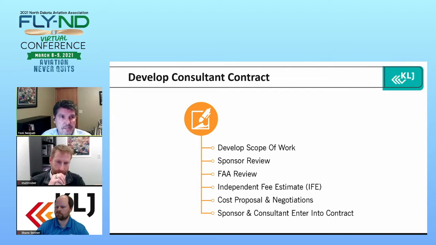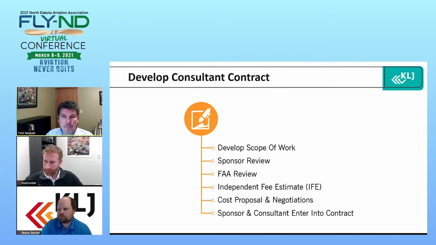The next thing you're going to want to do is develop the consultant contract. That's going to start out with development of the scope of work. So your consultant's going to develop the scope of work, and then once they've got that completed and have a good understanding of what the project is, they'll be meeting with you as the airport sponsors to go over the scope of work.